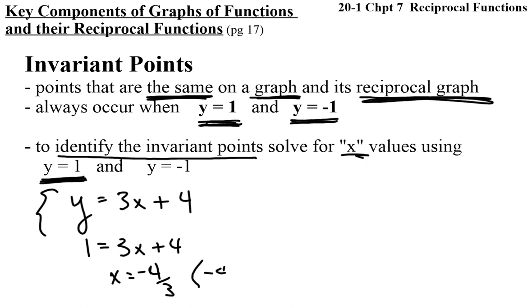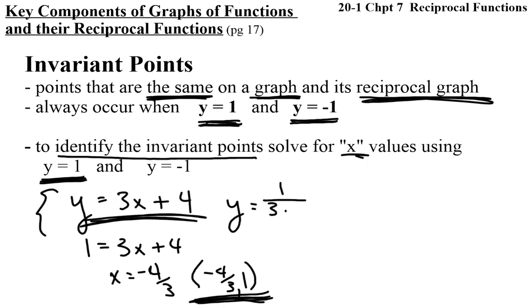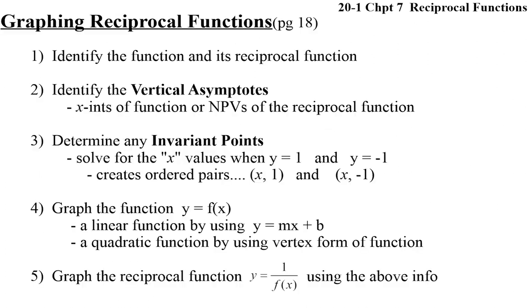That means the point (-4/3, 1) would be on the regular graph, but that point would also be on the reciprocal graph. Where y equals 1, that is going to be the point on both the function and the reciprocal function. You'll see it better as we work through examples, but asymptotes and invariant points are key for doing these graphs.